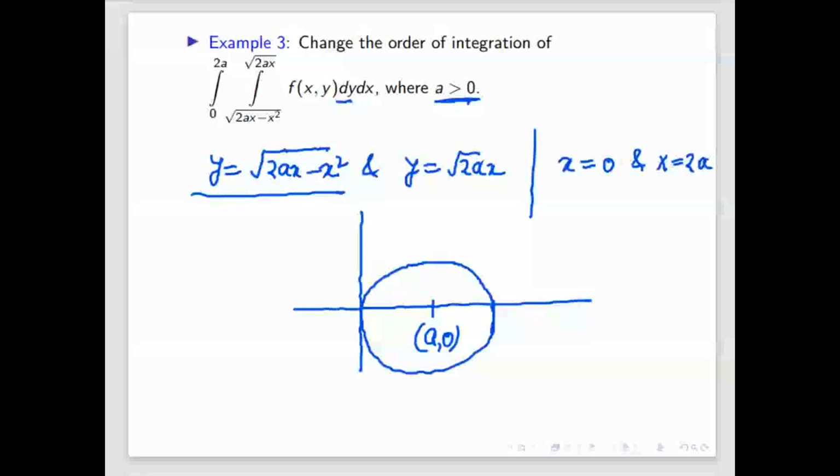So everybody agree with this? y equal to square root of 2ax minus x square will represent a circle. So here y is given positive. Like if I will take y equal to minus of this, will also represent the circle? Like if it is minus here, then also it is a circle, same circle.